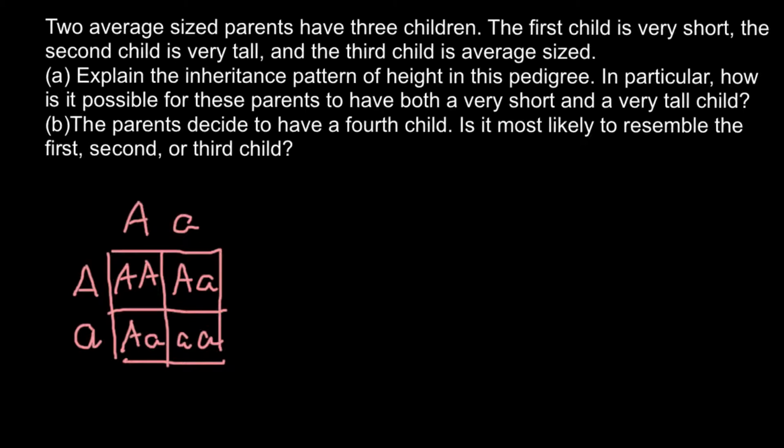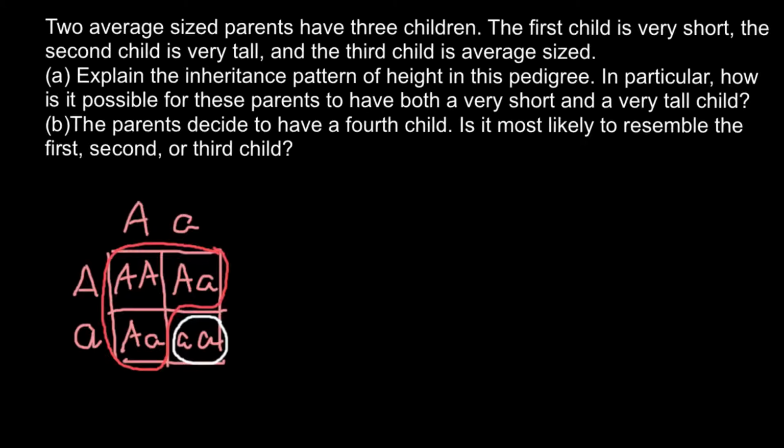So if capital A stands for the red color and small a stands for the white color in plants, then capital A capital A and capital A small a genotypes would produce plants with red flowers, and the small a small a genotype would produce plants with white flowers. So this is a qualitative trait, and we may have plants with red flowers or white flowers, and no shades between them, no pink color.